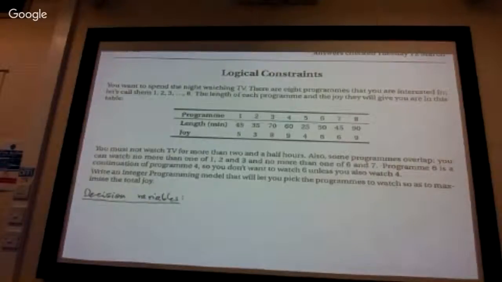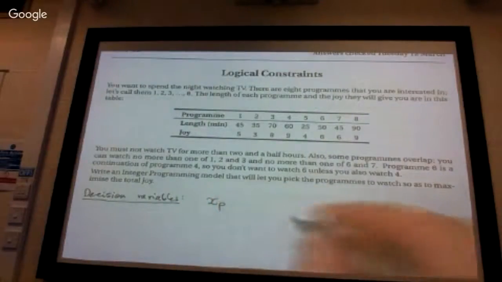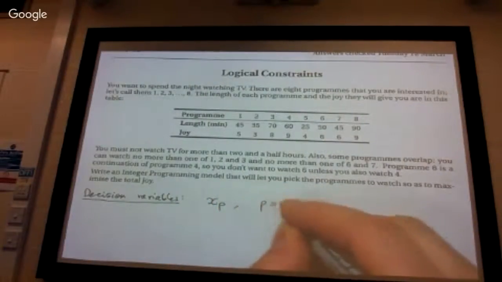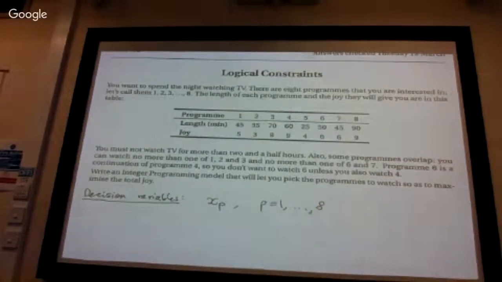XP, whether you're going to watch program P. Okay, yeah, that is very reasonable. So XP for P from 1 up to 8. And we want this to be a binary one. Is that what you were thinking? Yeah.